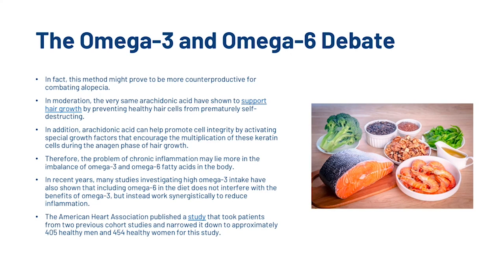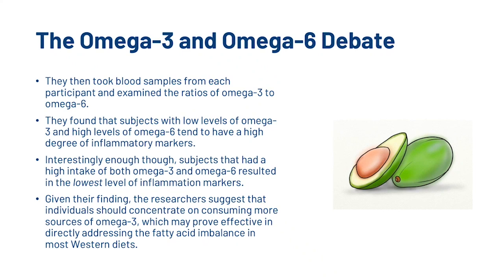Now, the American Heart Association published a study that took patients from 2 previous cohort studies and narrowed it down to approximately 405 healthy men and 454 healthy women for this study. They then took blood samples from each participant and examined the ratios of omega-3 to omega-6. They found that subjects with low levels of omega-3 and high levels of omega-6 tend to have high degrees of inflammatory markers.